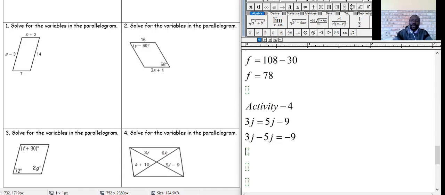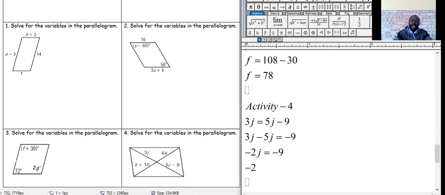Now from here, we are going to be left with minus 2j equals minus 9. Notice that in 3j minus 5j, we are taking a bigger number from a smaller number. That's the reason we have a negative. So from this one, we can find the value of j.